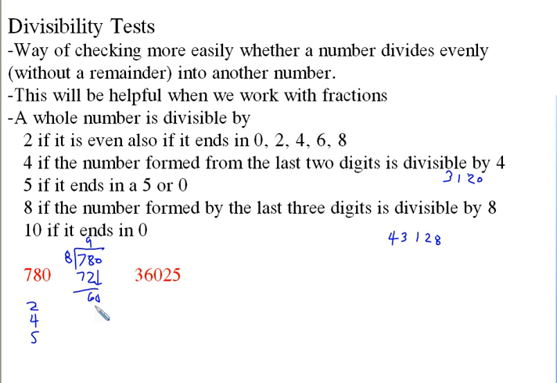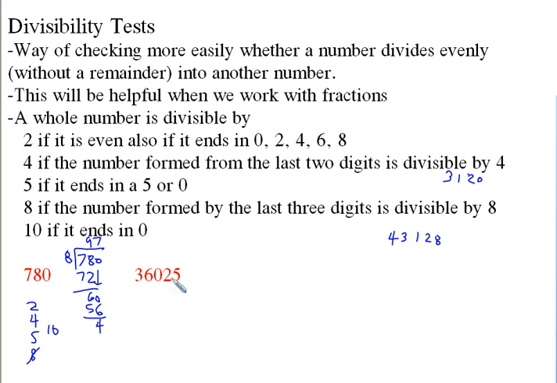Does 8 go into 60? 64 would be 8 times 8, and 56 is 8 times 7. So it does not go in evenly, so it's not divisible by 8. So we can write down 8 and no. Is it divisible by 10? Yep, because it ends in a 0.